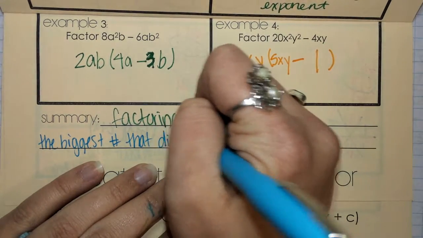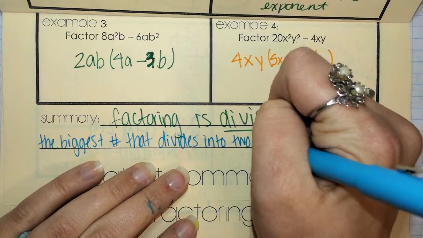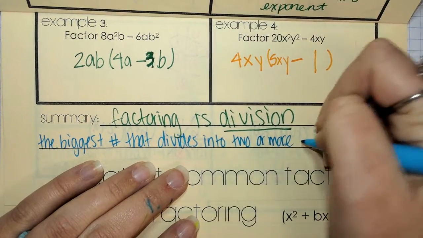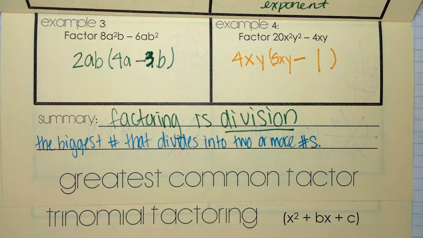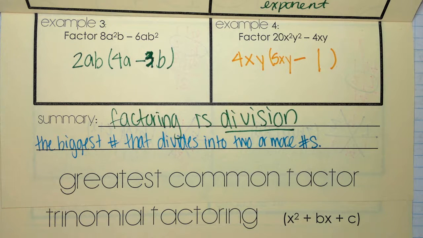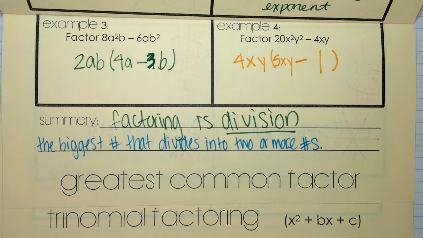The biggest number that divides into two or more numbers. Now, is that all we did on GCF, or did we also have something to do with variables? What did we have to do with variables? Thank you for taking context clues and seeing that, but I need to know what we did with common variables.